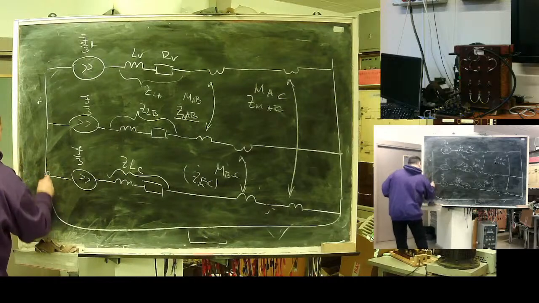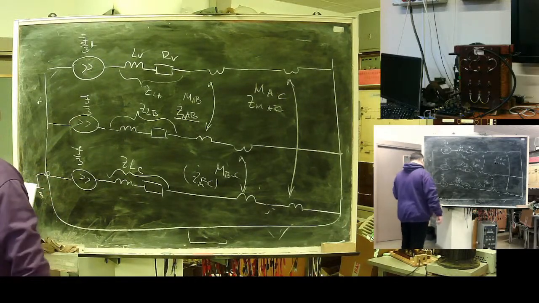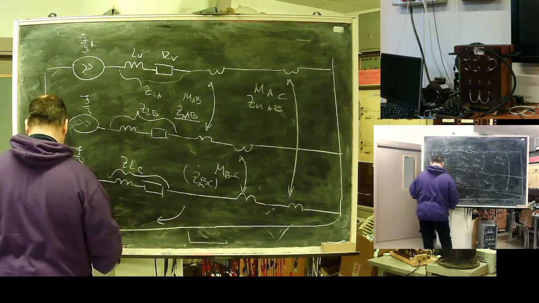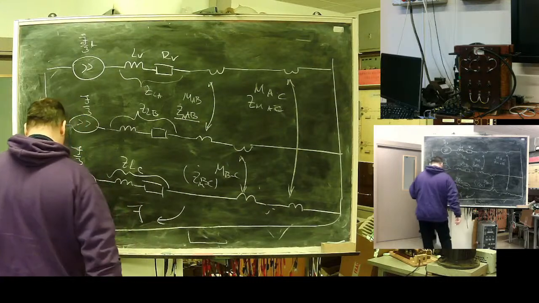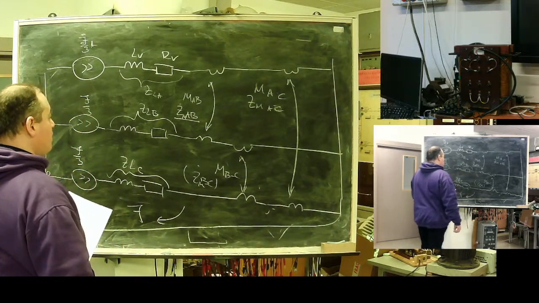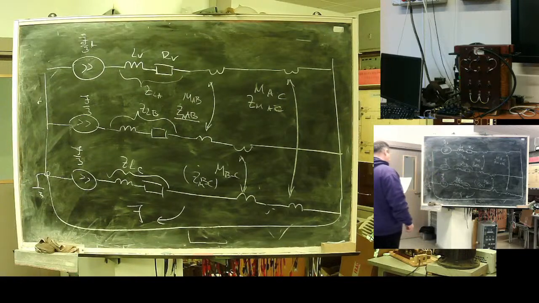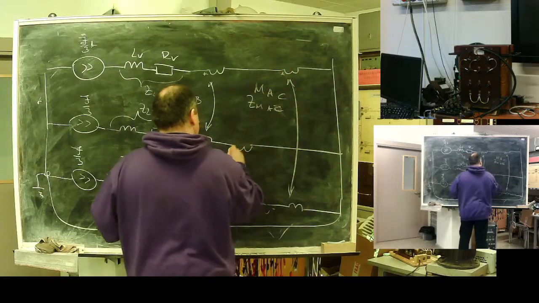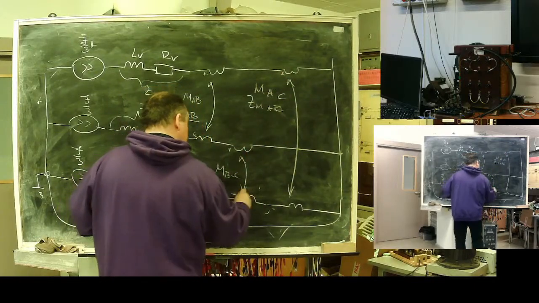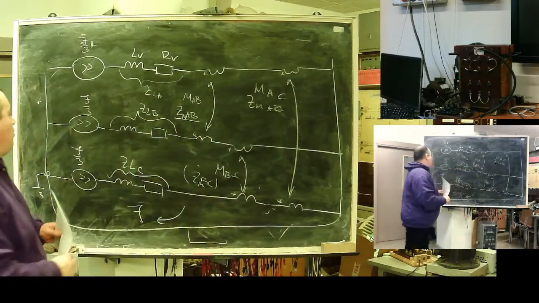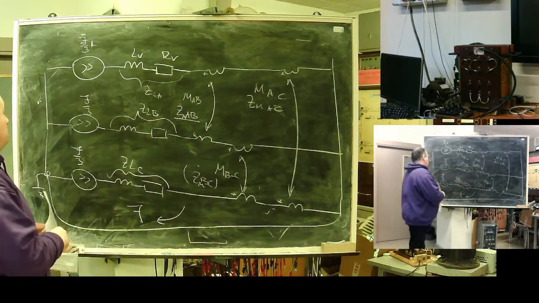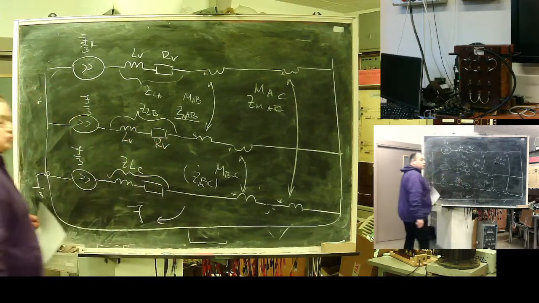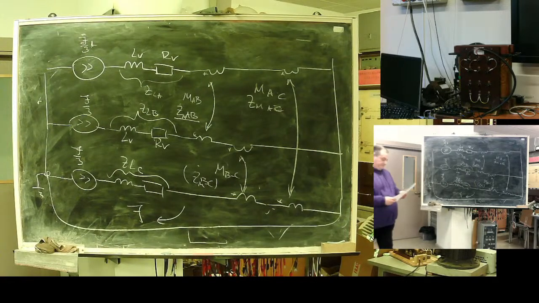Here I have the return wire, here is ground, and here is the return as a ground current. Here is my model. So each wire has its own self resistance and two couplings, two mutual.